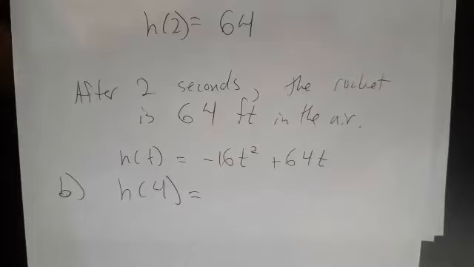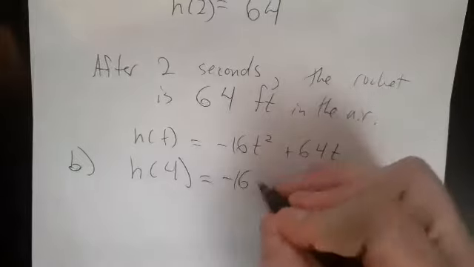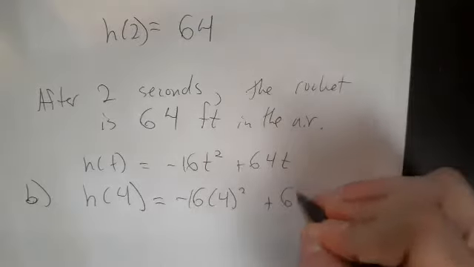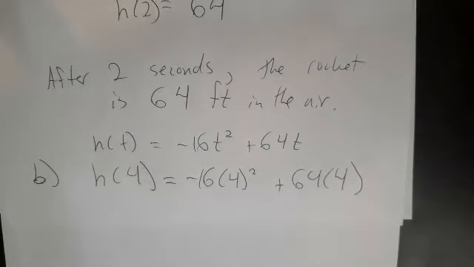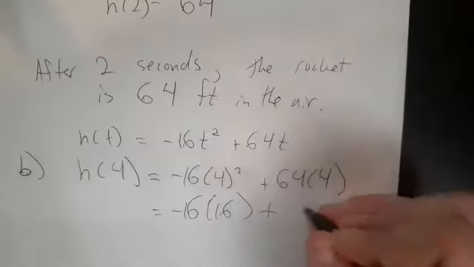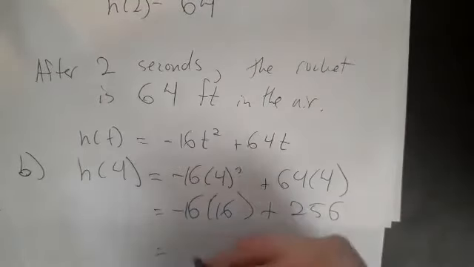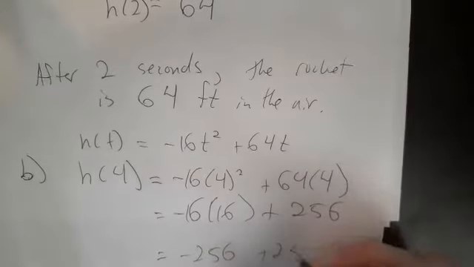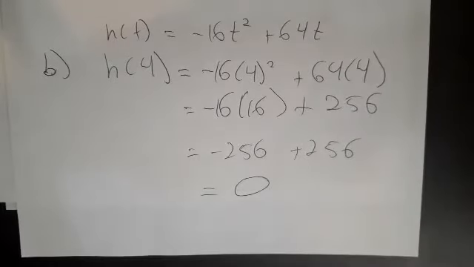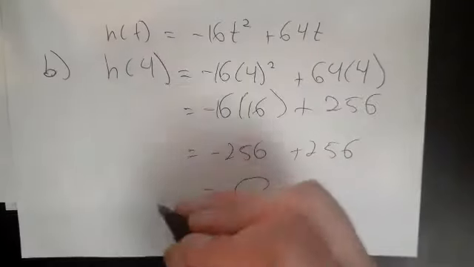So h of 4 looks like take minus 16 and plug in 4, plus 64, plug in 4. So this looks like minus 16 times 16, and 64 times 4 is going to give me 256. Minus 256 plus 256 is giving me a big old goose egg.